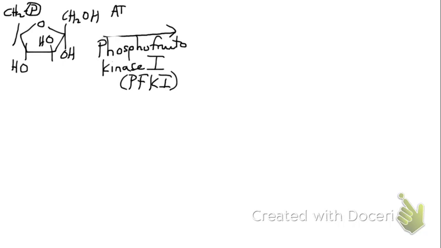So again, this is the second time we will have used an energy input in this cycle. And that will be very important. And so what we make is this.